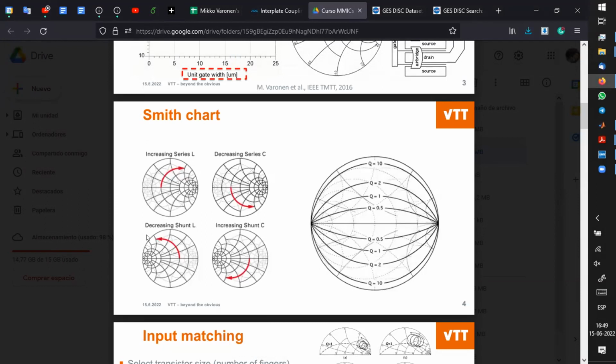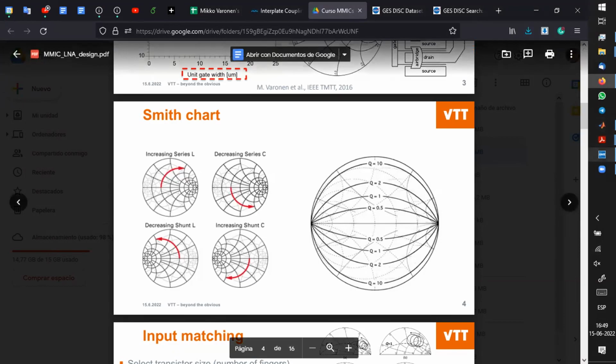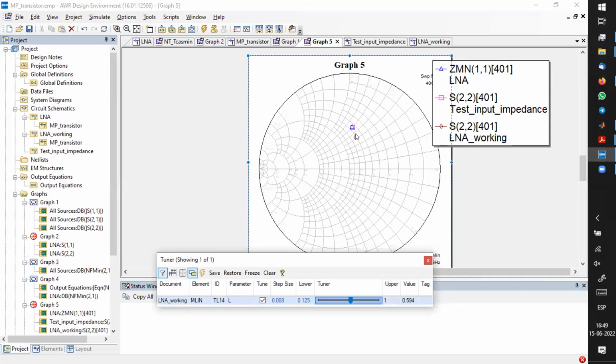So if you go back to the Smith chart, I have a suggestion: make it a little bit shorter. More, still more. Go. More. So you go to the real part. There. If you now add the short circuited shunt stub, you will move up. Yep.